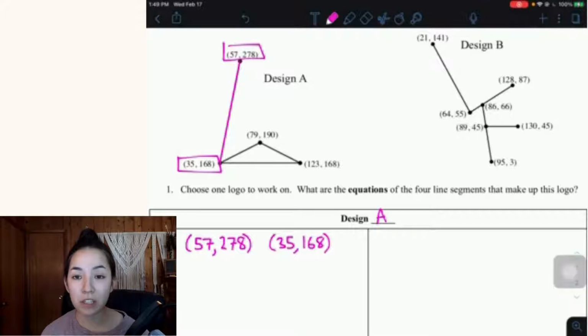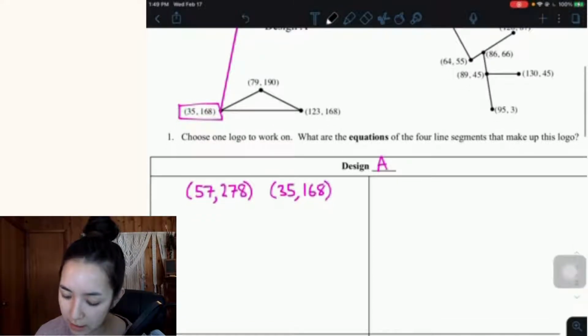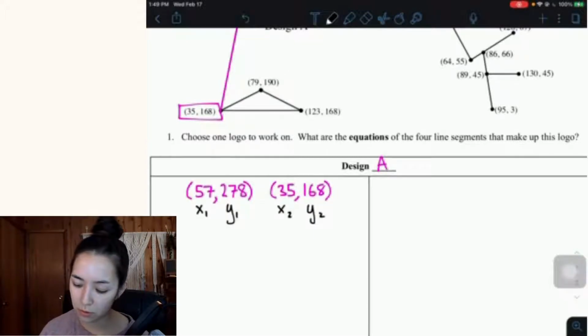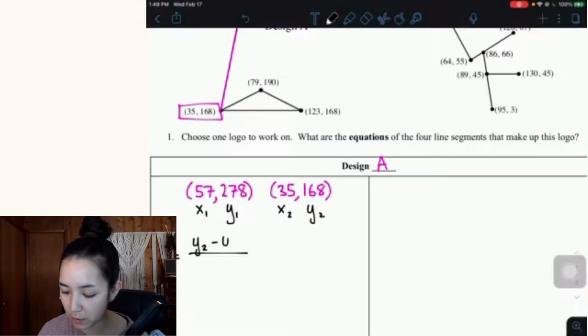The next thing we need to do is find the slope. In order to do that, we need to find x1, y1, x2, y2. Our slope equation is y2 minus y1 over x2 minus x1.